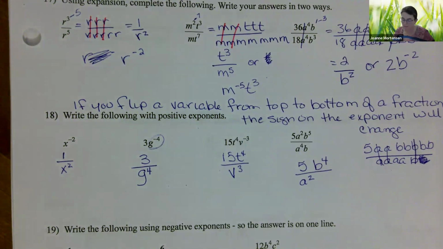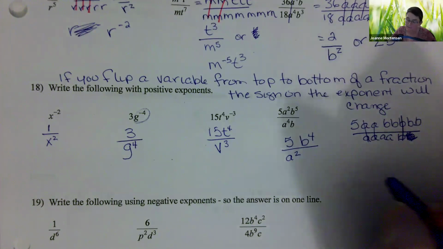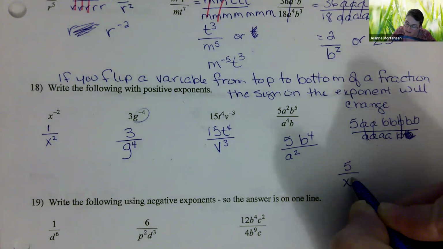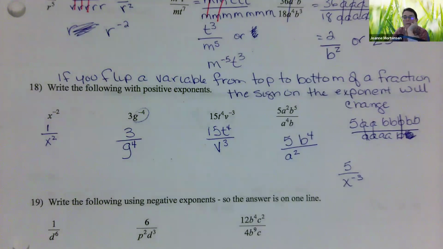Oh, sorry. I should show you something kind of cool. 5 over x to the minus 3. I know that's not in the sheet, but what do you think is going to happen if we make that -3 positive? And you're like, no, no, no, Joanne.